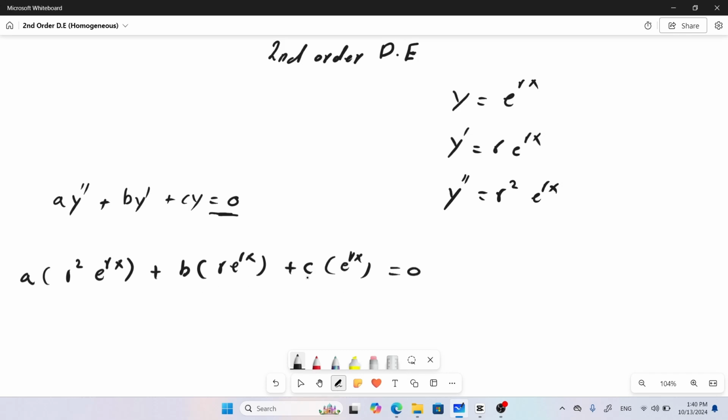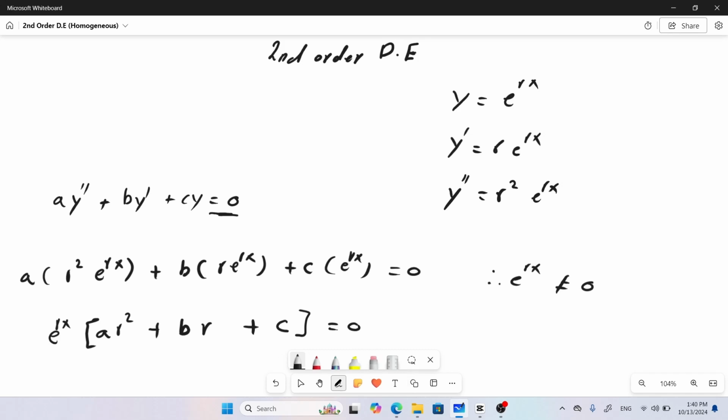Now, if we take e to the rx out as a common multiple, we get e to the rx times (ar squared plus br plus c) is equal to 0. Mind the fact that e to the rx does not equal 0.